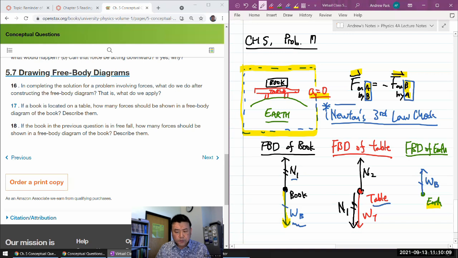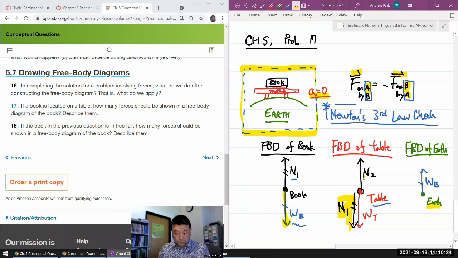And I hope if you think this through, it makes sense that when you consider the table with the book on top of it and without the book on top, when the book is on top of the table, there's something pushing down on the table. And this is the force that's pushing down on the table. Newton's third law gives you that nicely.